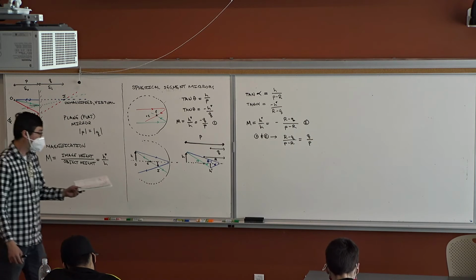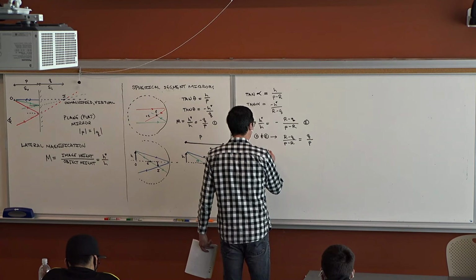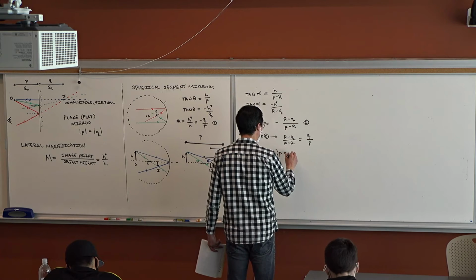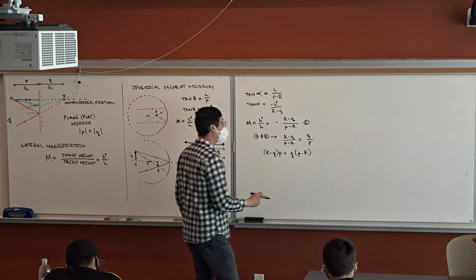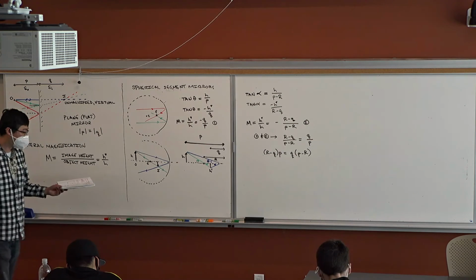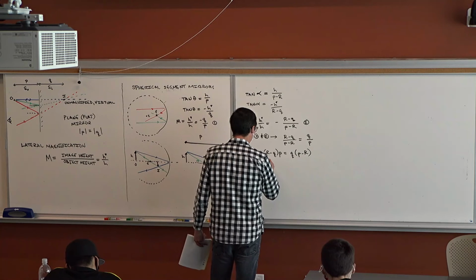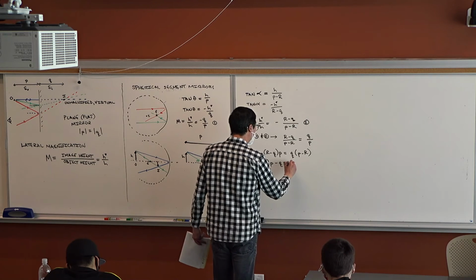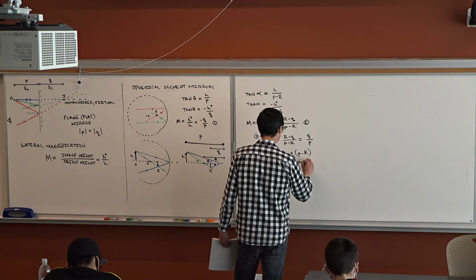Then we could cross multiply. r minus q times p is equal to q times p minus r. And so we get that r times p minus qp is equal to qp minus r times q.